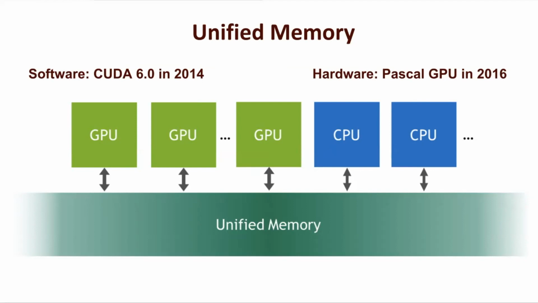Before the data is used, sometimes the hardware may predict that the data might be used by the particular device, GPU or CPU. It will help to synchronize the data for you based on some hardware prefetching mechanism. So that's the hardware support, making it much more efficient than doing everything yourself manually.